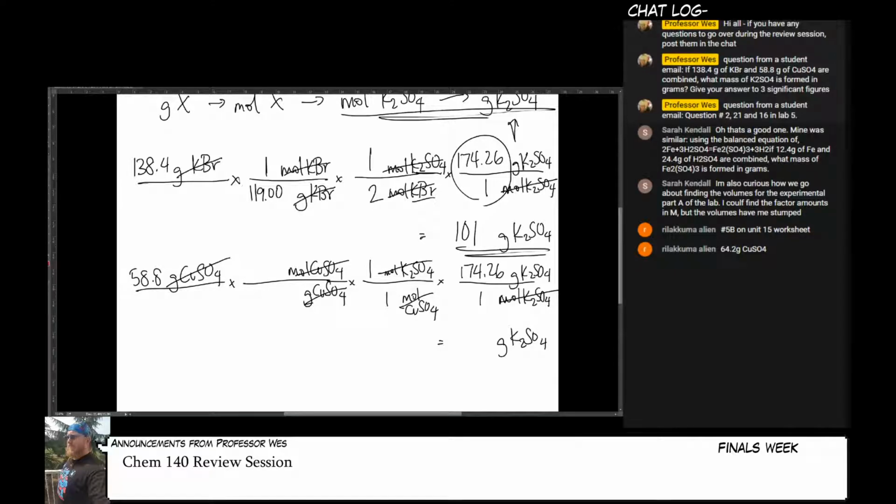All right, 159.61 is what my calculator gave me. And so I'm going to put all this in the calculator and punch it out to get 64.2 is what I got.